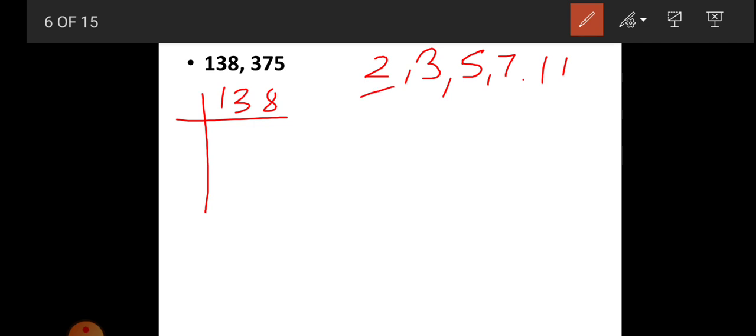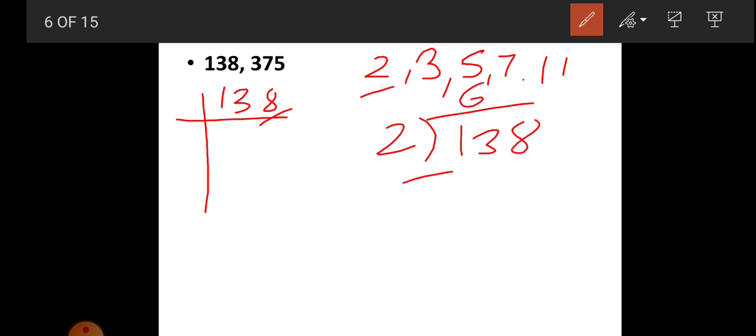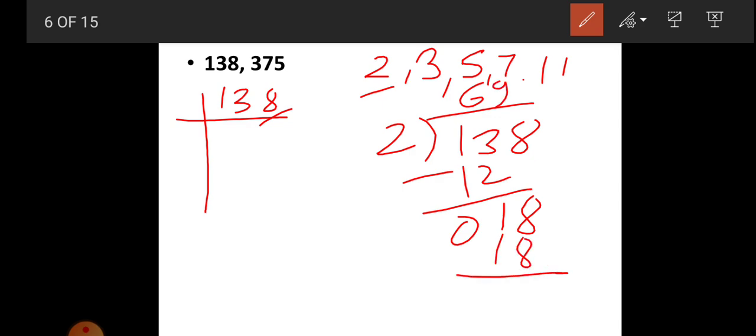Now first we try the 2. Last digit is 8. 8 is even number, means 138 is exactly divisible by 2. So we divide 2 6s are 12 and 2 9s are 18. So this 69 I wrote here, quotient I wrote here, here 2.